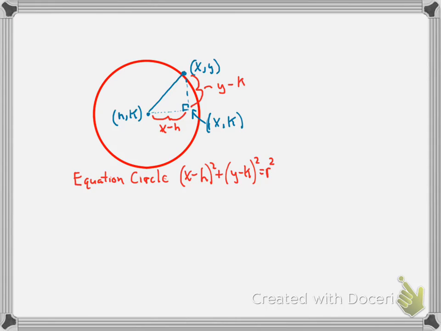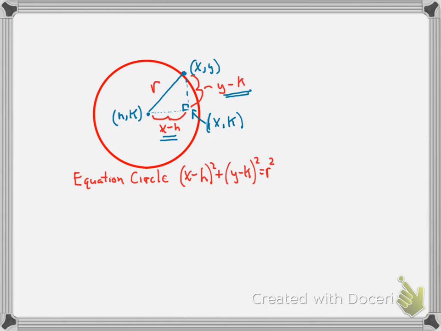So over here on the right side of the circle, the vertical change between (x, y) and (x, k) would just be y minus k, and the horizontal change between (x, k) and (h, k) would just be x minus h. We could then use the Pythagorean theorem.